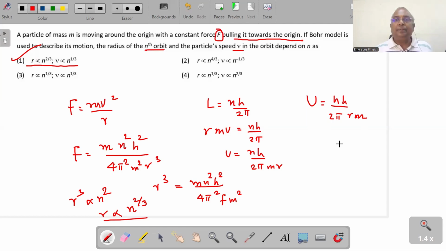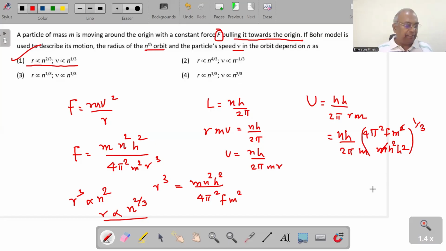Okay, shall we put v squared and substitute it here? We can also take the rn value and substitute it. Substitute the rn value. Then nh by 2 pi into m into m n squared h squared over 4 pi squared f into m squared. One m squared also gets cancelled, to the power of 1 by 3.